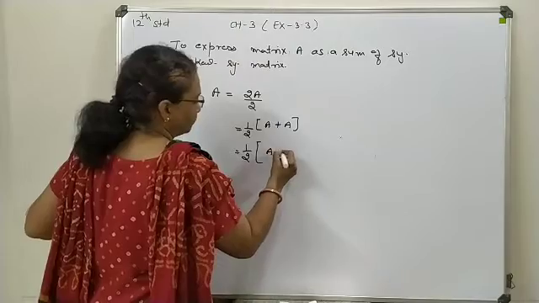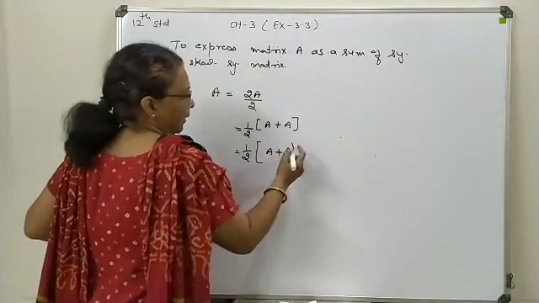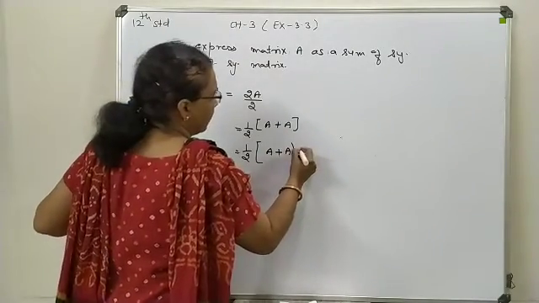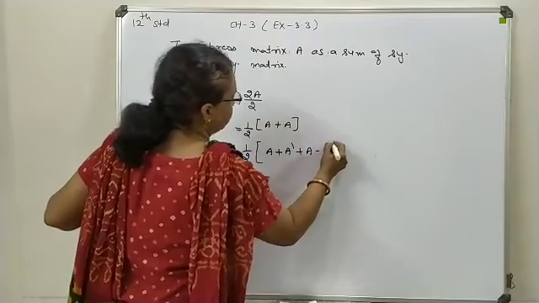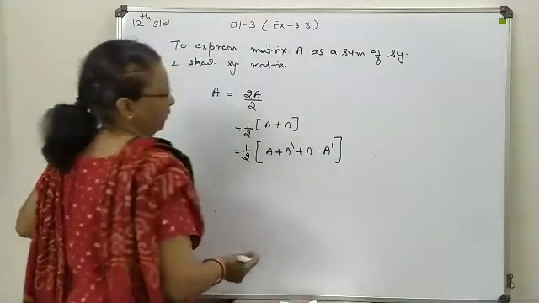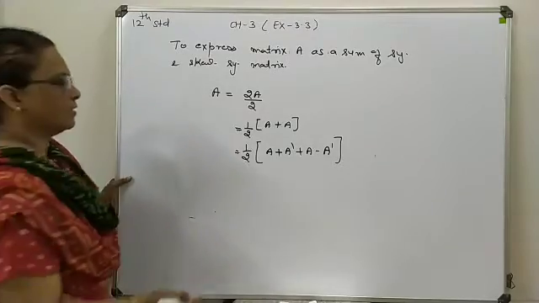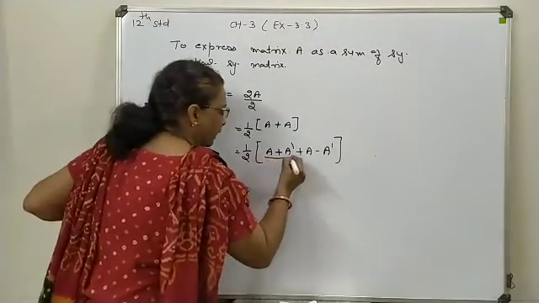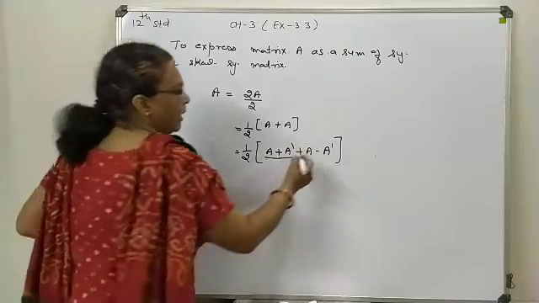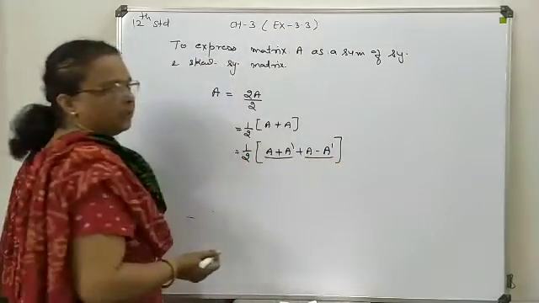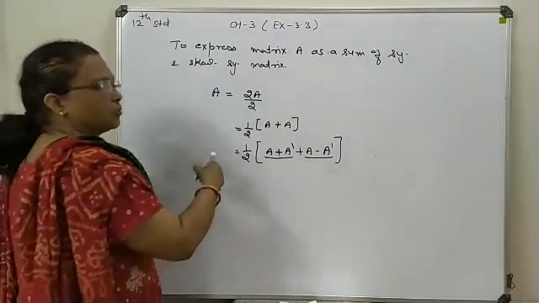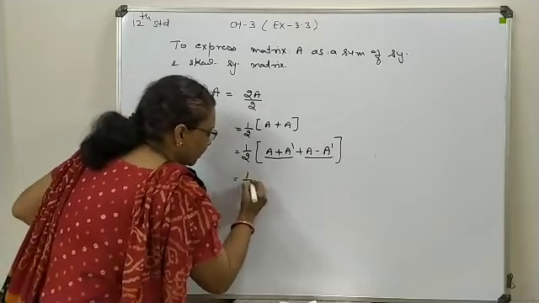So here A plus the transpose form, and since we are adding, subtracting is also compulsory. Now these two combinations, as we discussed in the last point: A plus A dash is a symmetric one and A minus A dash is a skew symmetric one. So make these two combinations separate.